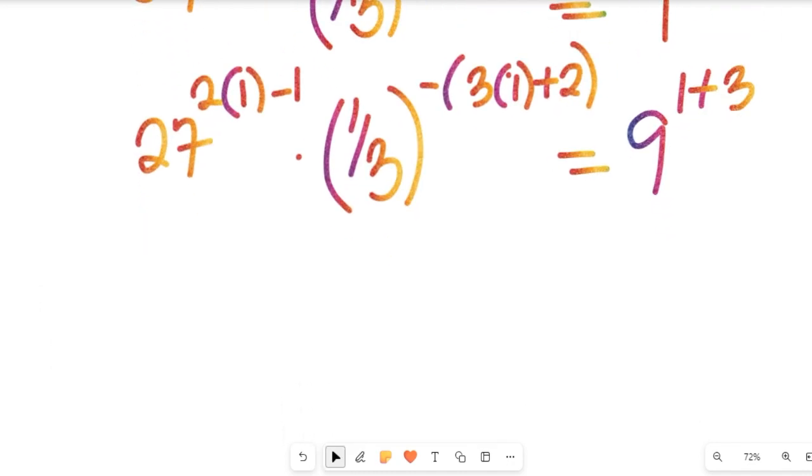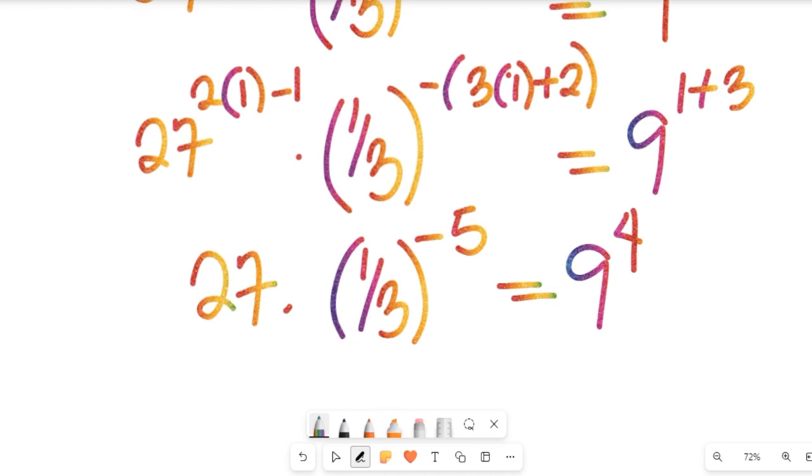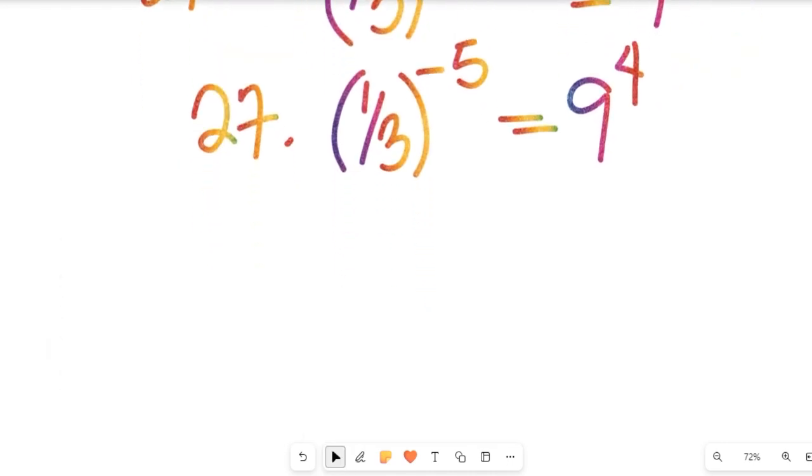Great. So if we do that, we are going to have this to become 2 minus 1. That will give us 27 multiplied by 1 divided by 3 multiplied by, this will give us a negative 5, right? And this will be equal to 9 to the power of 4. Great. Now let's simplify further.